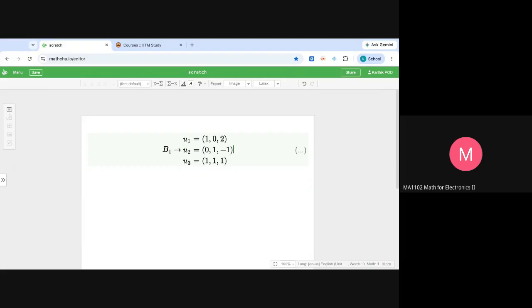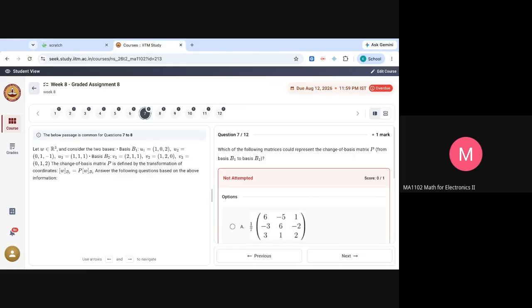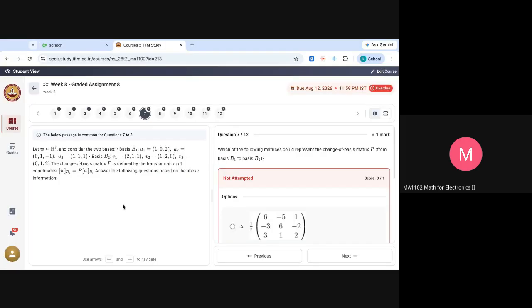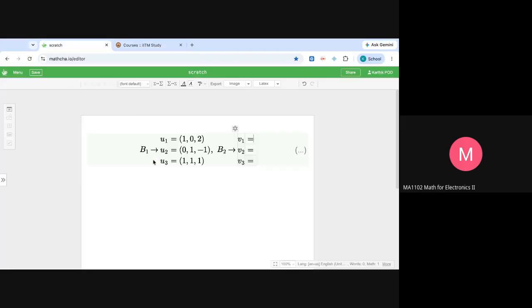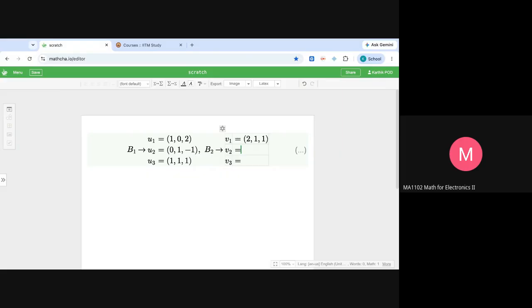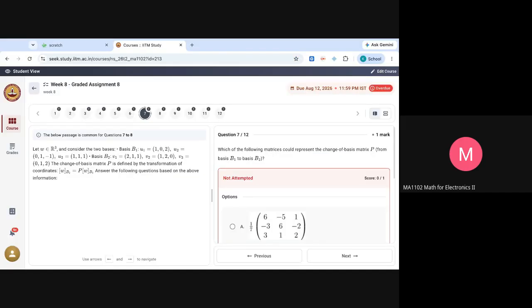And B2 they have given to be V1, V2, V3, which are respectively (2, 1, 1), (1, 2, 0), and (0, 1, 2).